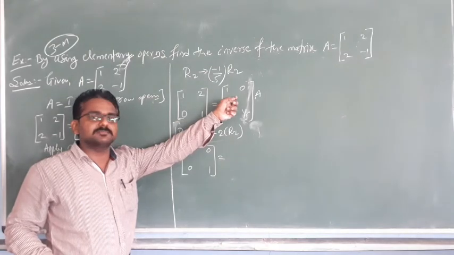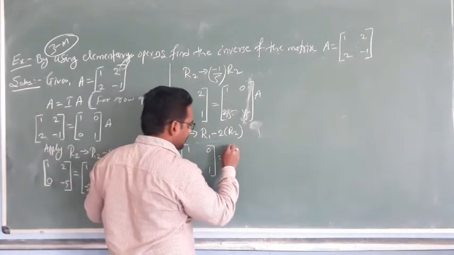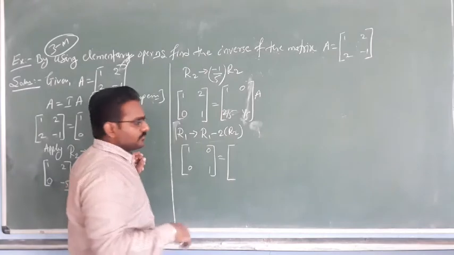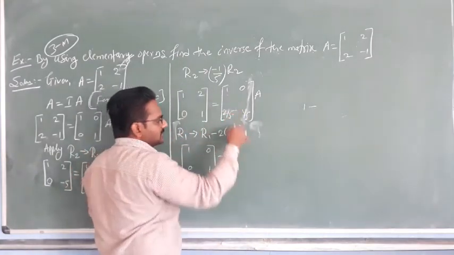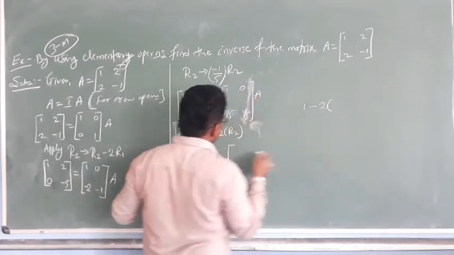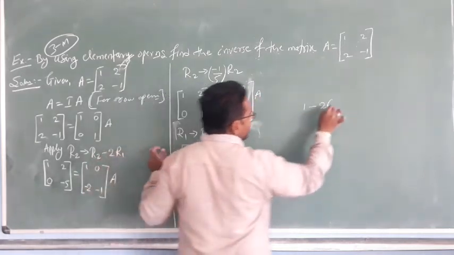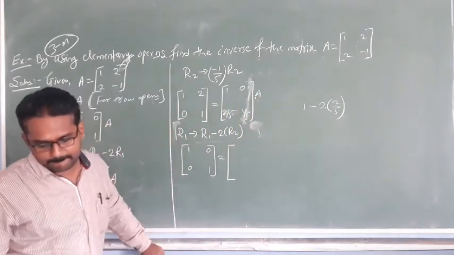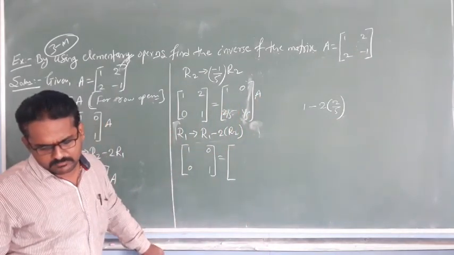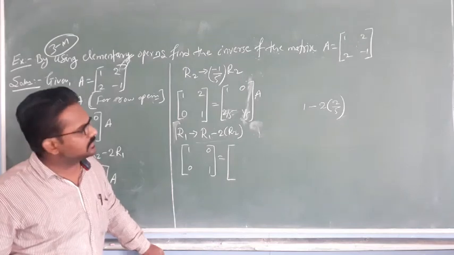So the RHS part of this expression. First row, what is that? 1 minus R1, will be 1 minus 2 into what is R2? 2 by 5. Okay, one sec students.